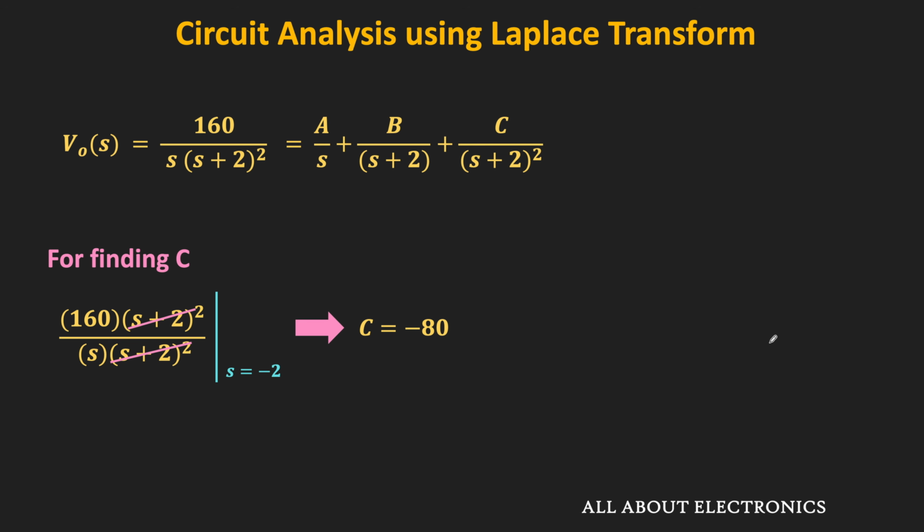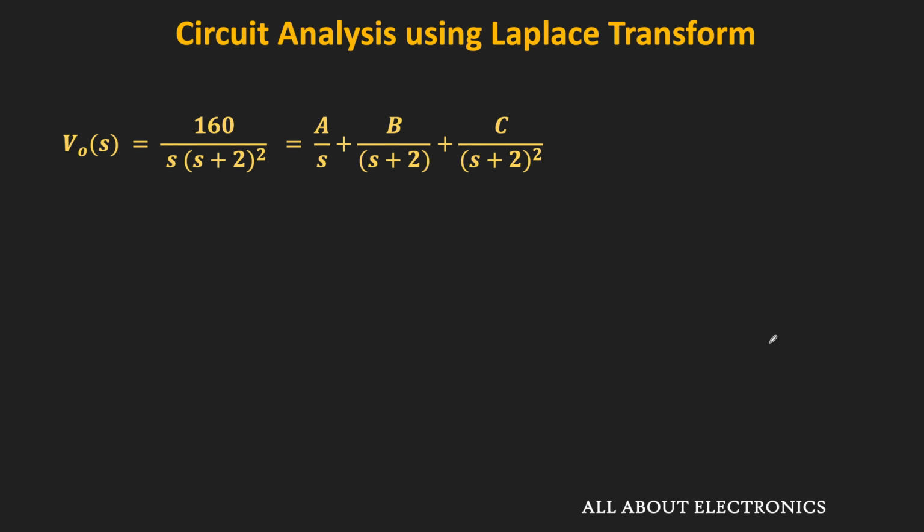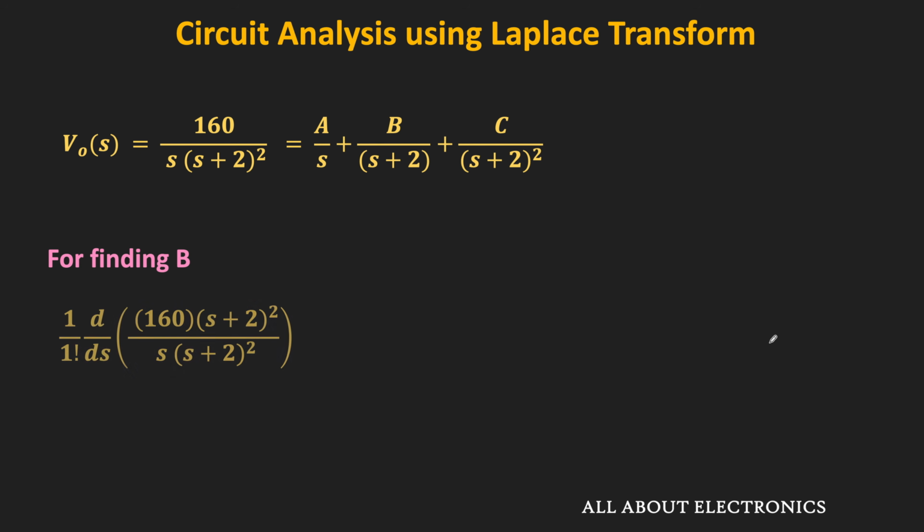Similarly, now let us find the value of the constant B. For finding this constant B, once again, let us multiply the left hand side by (s + 2)², and let us differentiate this term with respect to s. Since it is a first order differentiation, we will also divide it by 1 factorial. After the differentiation, we will evaluate the expression at s equal to minus 2.